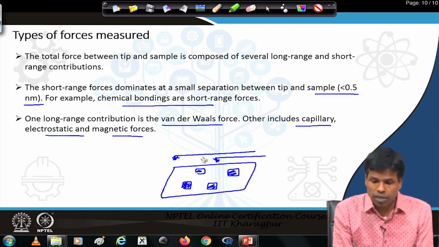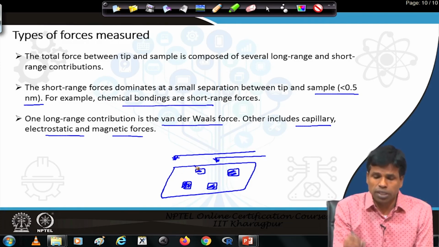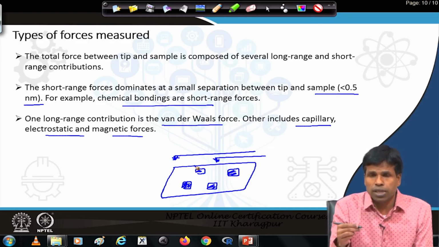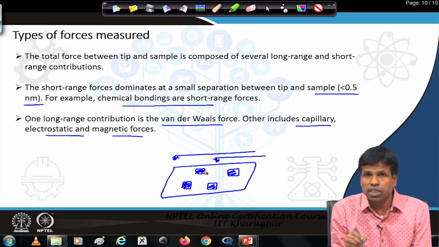Even if the tip is 2-3 nanometer or 5 nanometer, 10 nanometer away from the sample surface, the tip can still experience the magnetic force, and wherever the tip sees a magnetic force, we know that a magnetic particle is present in that region.